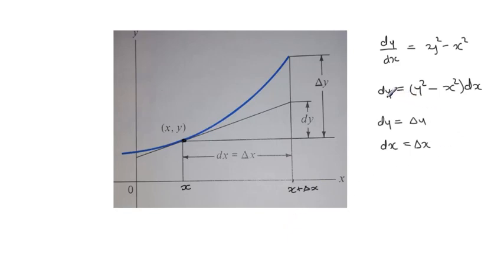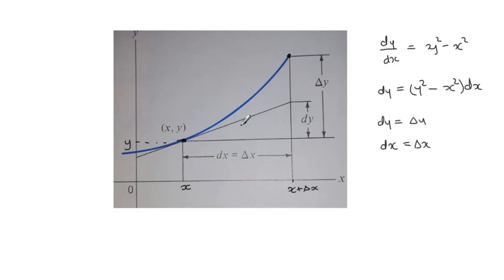What this suggests is that the increment in y is the product of the increment in x multiplied by the function. If we knew that y is at this level, and we knew the increment in y, then we can plot this point.